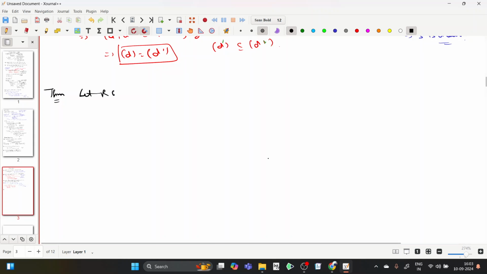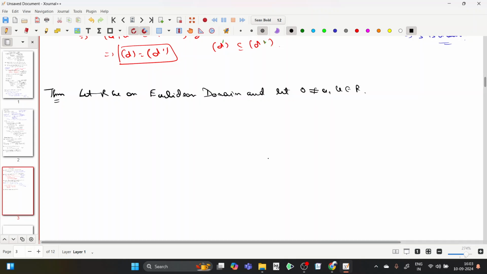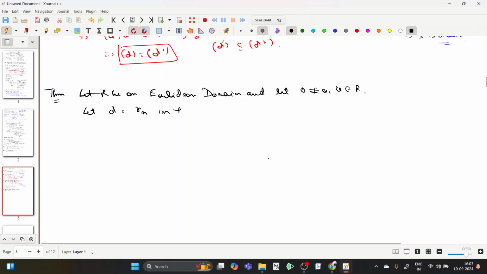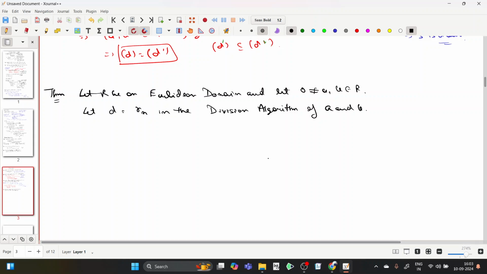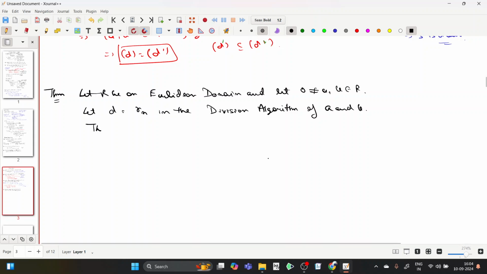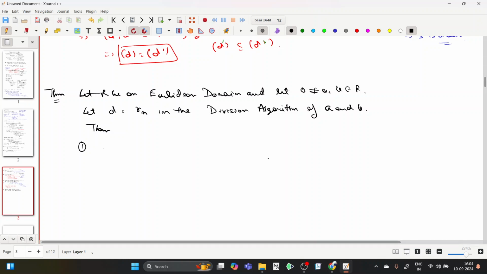So let R be an Euclidean domain and let A and B be non-zero elements from R. Let D be equal to Rn in the division algorithm of A and B. Okay, then number 1, D is the GCD of A and B, that is the last divisor.